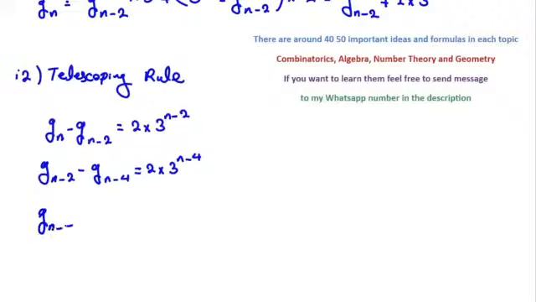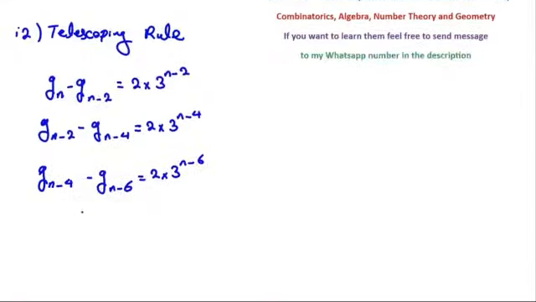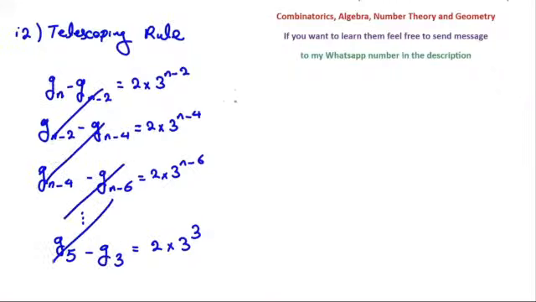And G(n-4), for example, minus G(n-6) equals 2 times 3 to the n minus 6. And up to G5 minus G3 equals 2 times, for 5, 3 to the 5 minus 2, which is 3 cubed. G3 is what? 6.